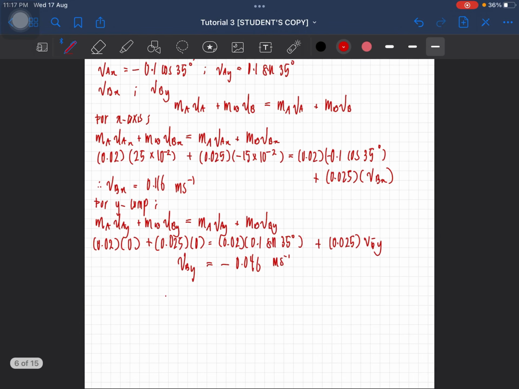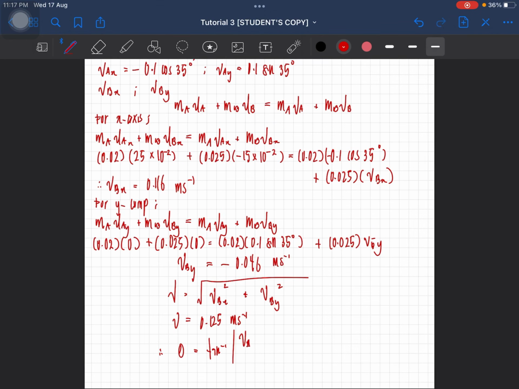Okay, this is not the end of it. Remember, you have to find the magnitude. Because velocity is a vector quantity, you have to calculate the magnitude and direction. So the velocity is equal to 0.125 meter per second. And lastly, the direction, which is shift tangent Vy over Vx.